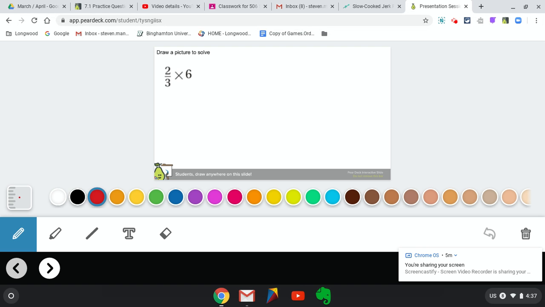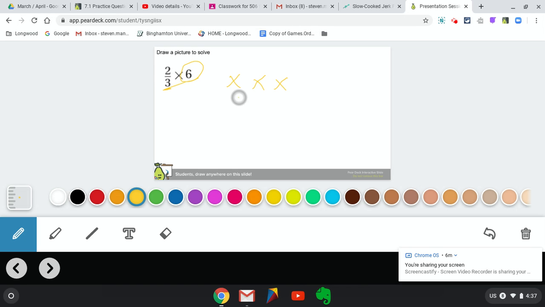So we had 2/3 times 6, or 2/3 of 6. Remember, again, I'm going to start with a row of my x's, or my denominator. There's my 3 because of my denominator. And then again, I need to fill in until I have the same amount as my whole number.